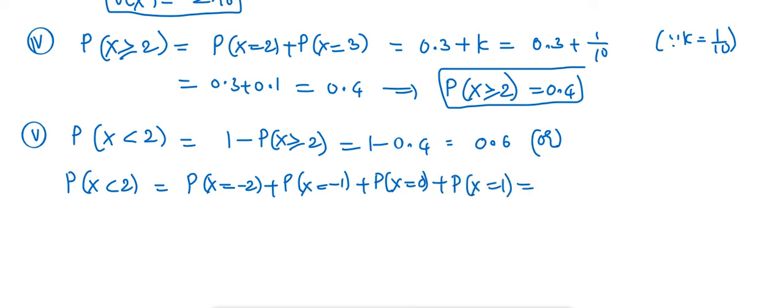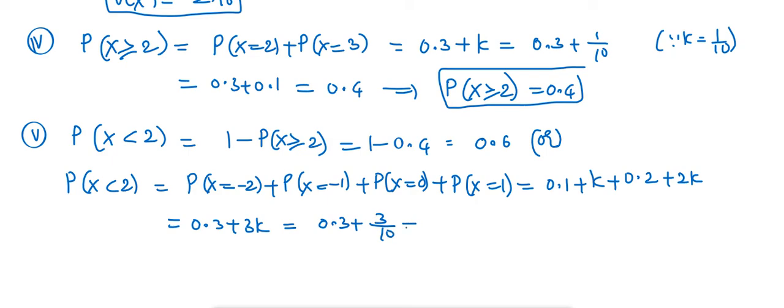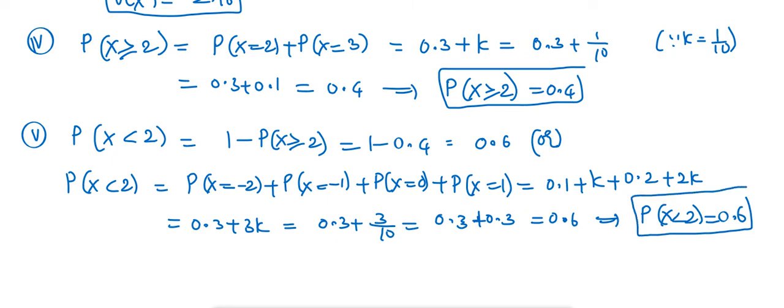Now we can take the values 0.1 plus k plus 0.2 plus 2k. It is equal to 0.3 plus 3k equal to 0.3 plus 3 by 10, which is 0.3 plus 0.3. It is equal to 0.6. So you can take any one of the cases, and you get the same answer.